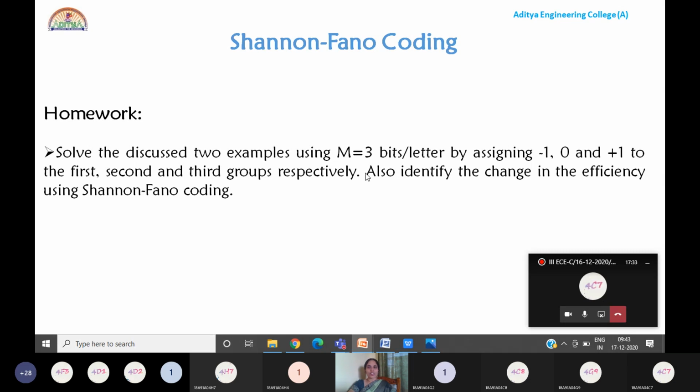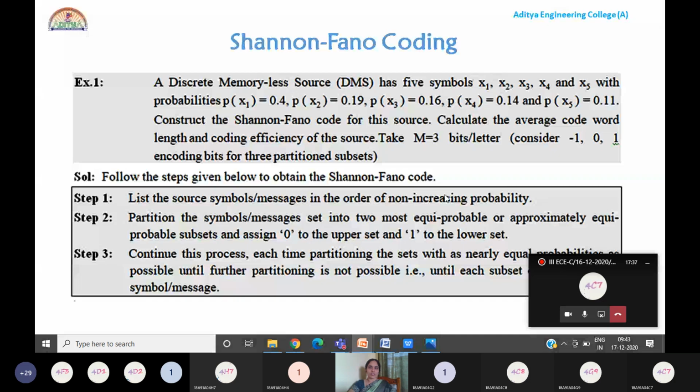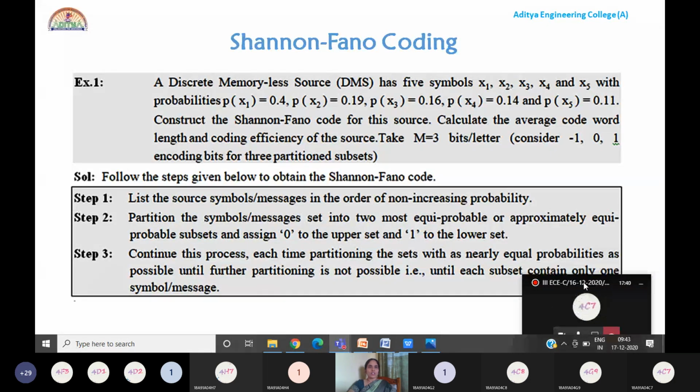You are asked to identify the change in efficiency using the Shannon-Fano encoding process. Let us go through the same question which we discussed in the last class, but instead of taking the partition value as 2, we are considering the partition value as 3 bits per letter.